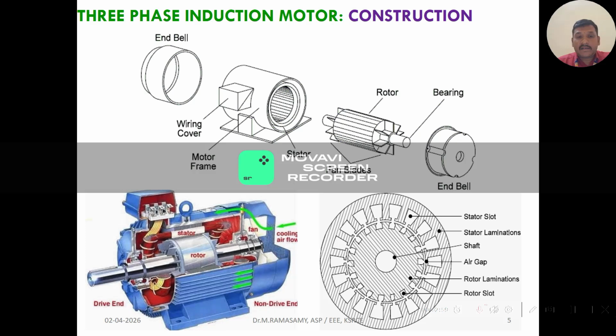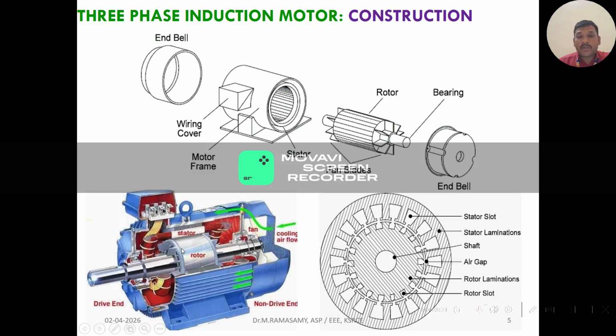And here I show you the images which clearly give the structure of the different parts of the induction machine. Here you see a cross-cut image of the three-phase induction motor. This is called the shaft, and this is the squirrel cage rotor, and here you can notice that it is a skewed type rotor.